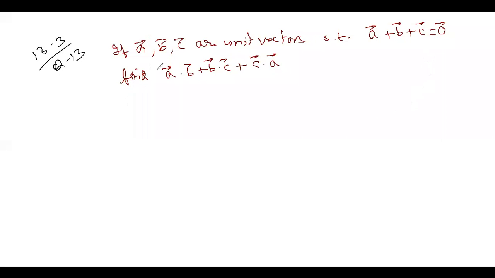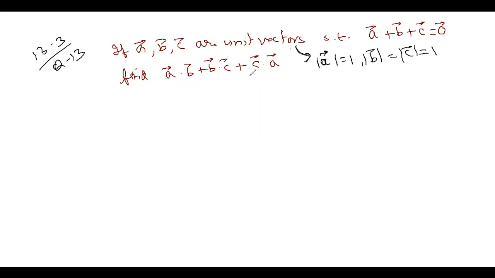Question number 13 of exercise 13.3. If A, B, C are unit vectors, that means their magnitudes are 1: the magnitude of vector A, the magnitude of vector B, and the magnitude of vector C are all equal to 1.